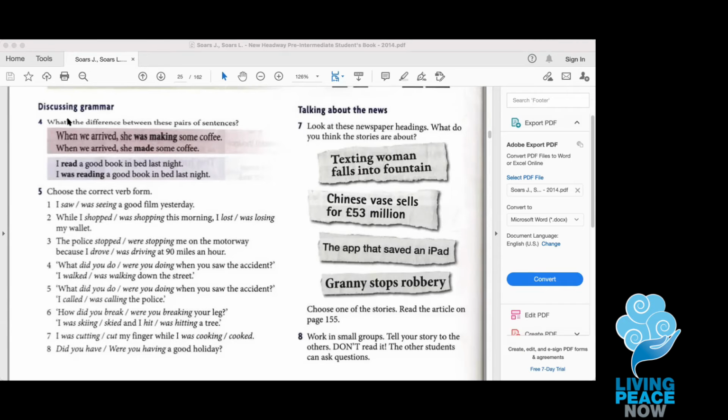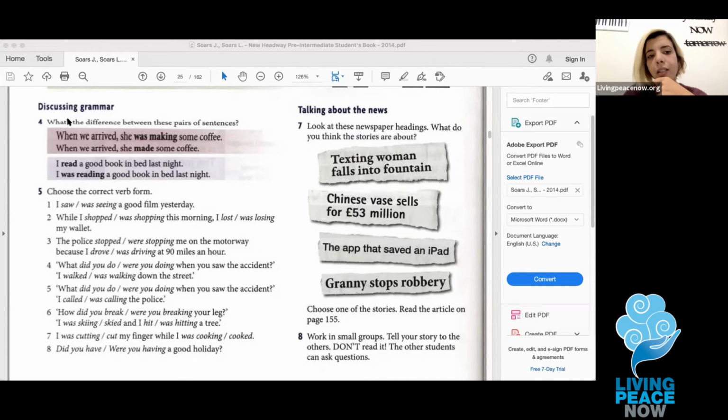In the first example, when we arrived, the action is continuing. In the second, when we arrived, the action is finished.